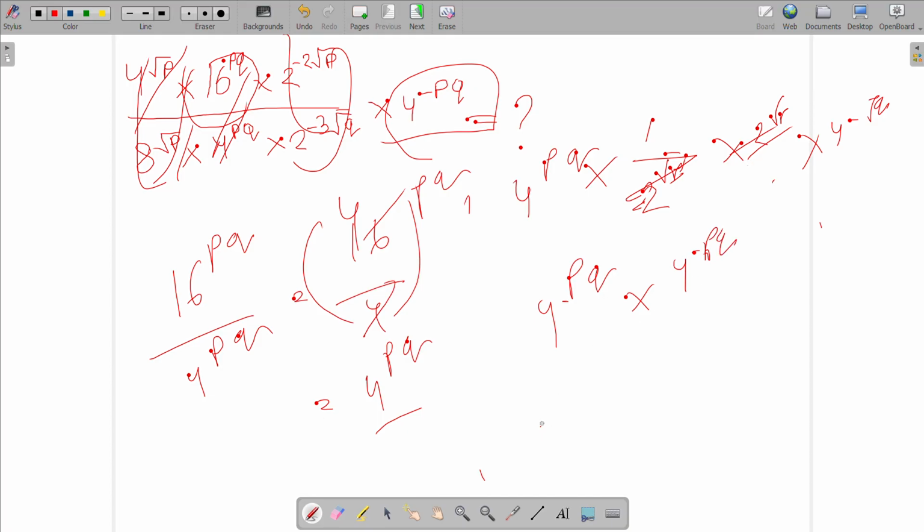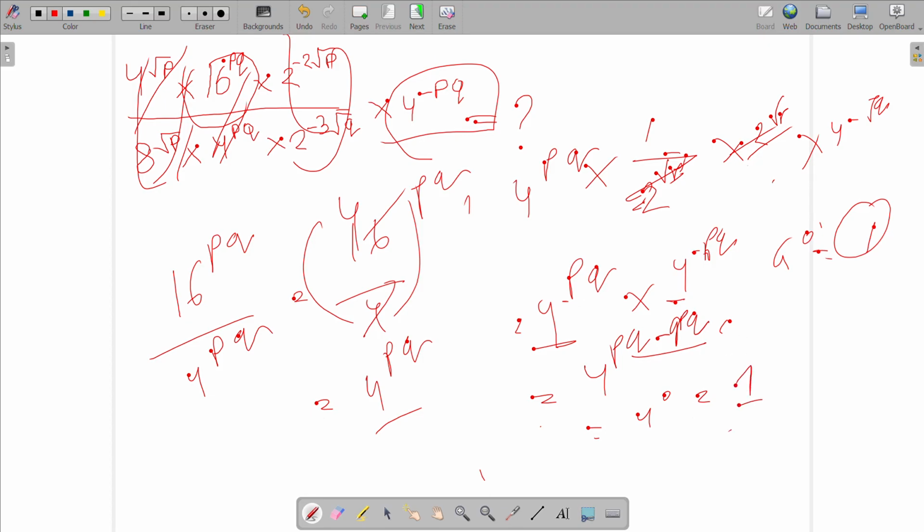When they have the same base and are in multiplication, the powers are summed up. pq minus pq is 0, so 4 to the power 0. If any power is 0, it always gives us the value 1. This is the answer.